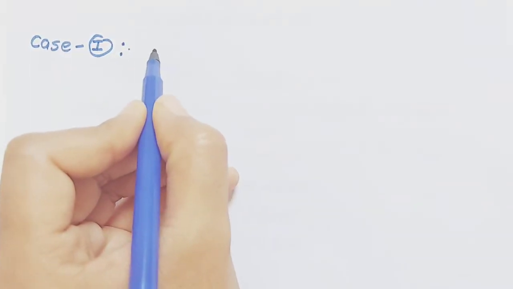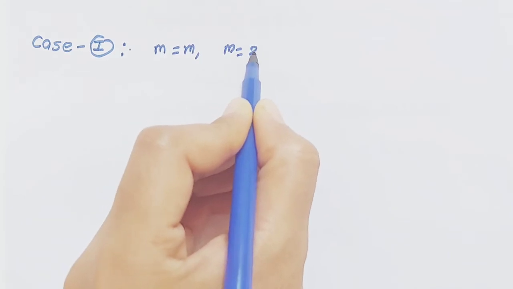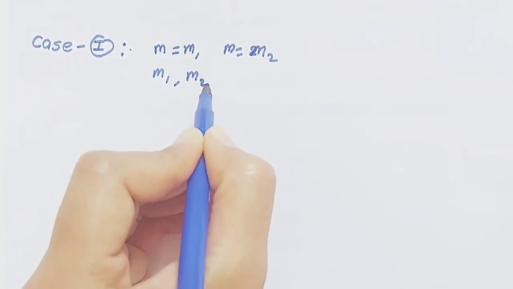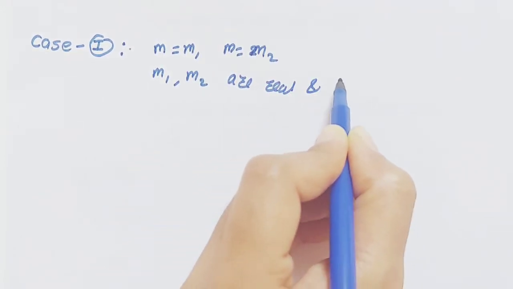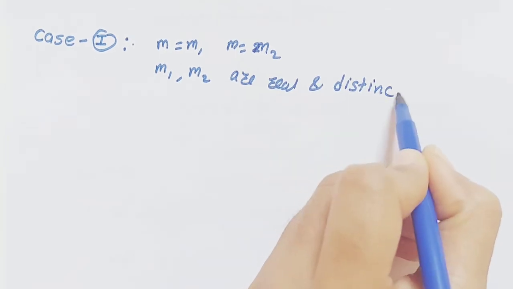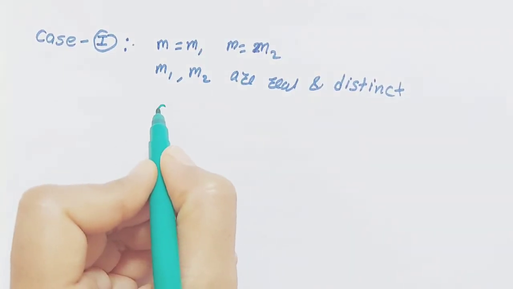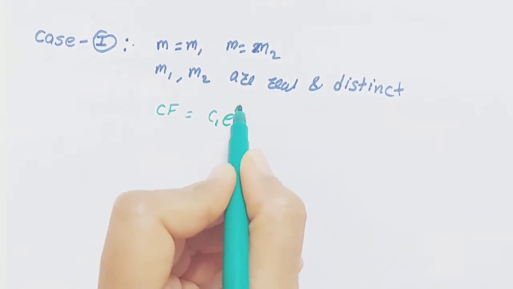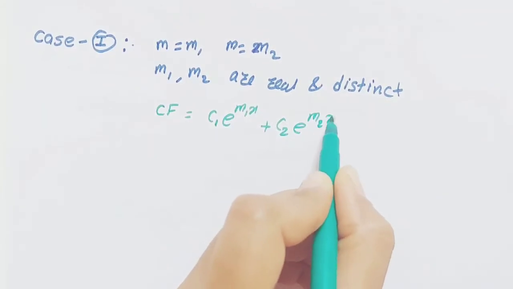Maybe the roots are m equals to m1 and m equals to m2, and we are considering m1, m2 are real and distinct. If the roots are real and distinct, then for real and distinct roots our CF is equal to c1 e raised to power m1x plus c2 e raised to power m2x.